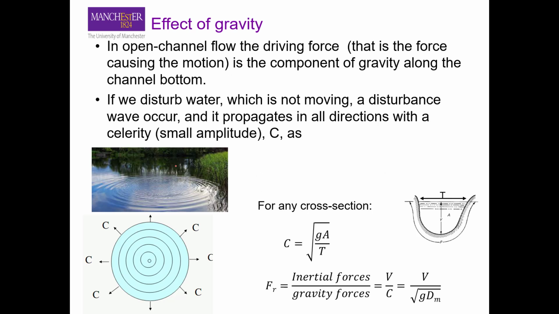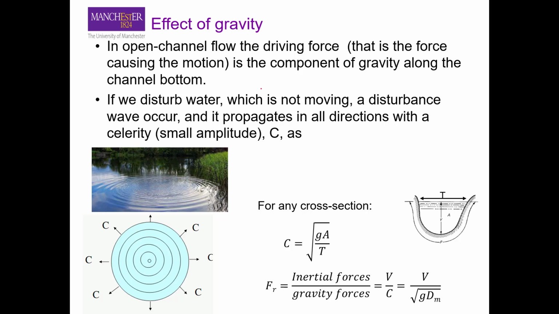In addition to these types that we defined already, we can also have another classification method, which is called the Froude number. And before I go into detail of the Froude number, let me explain what it is. In open channel flows, the driving force, or the reason that the fluid moves from one point to another, is gravity. Okay.